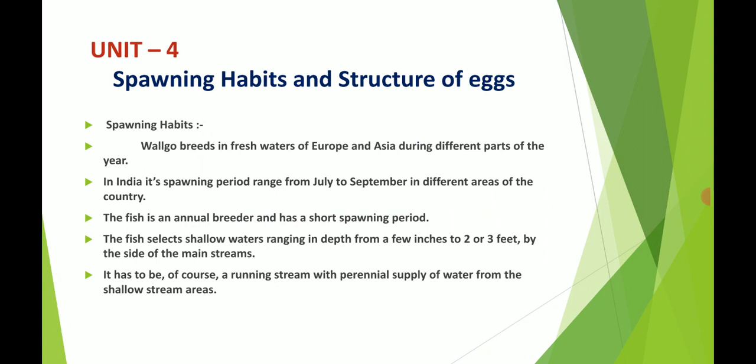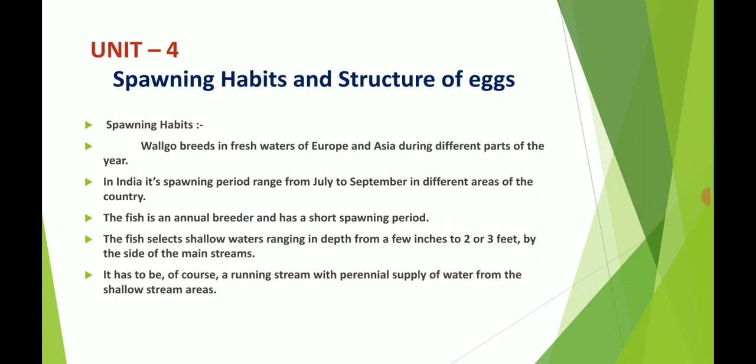We know that Wallago attu is a freshwater shark. In India, its spawning period ranges from July to September in different areas of the country.